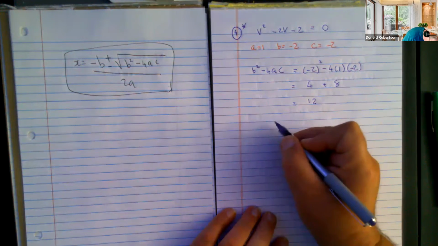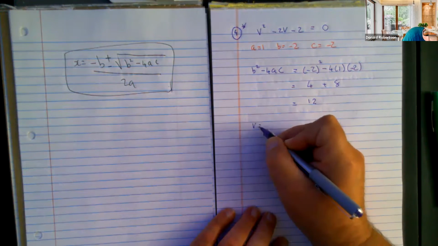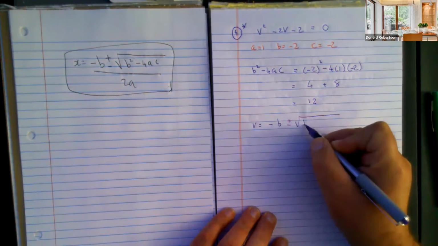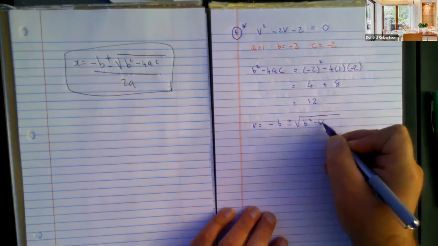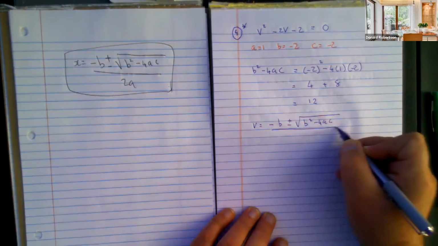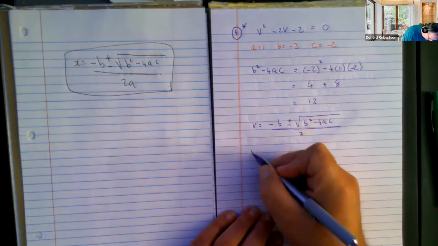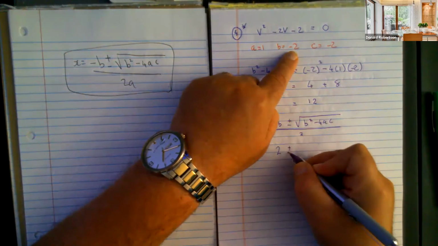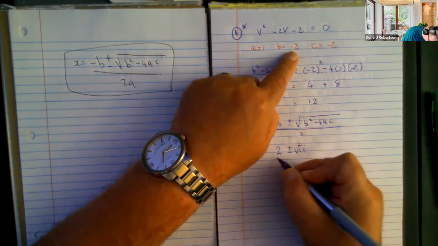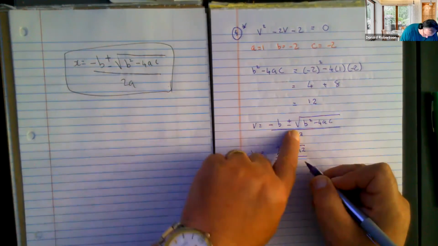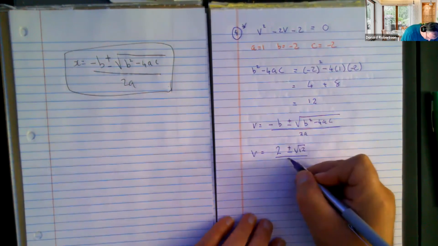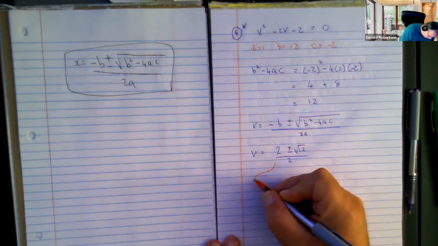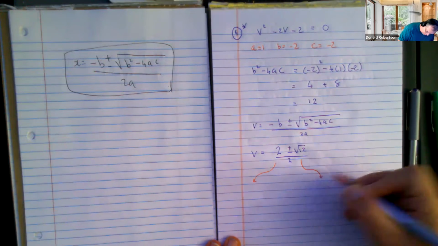So our solution now is going to be x equals negative b plus or minus the square root of b squared take away 4ac all over 2a. The negative of negative 2 is 2 plus or minus the square root of 12 divided by 2 times a, which is 2. And now we can split them into two distinct solutions.